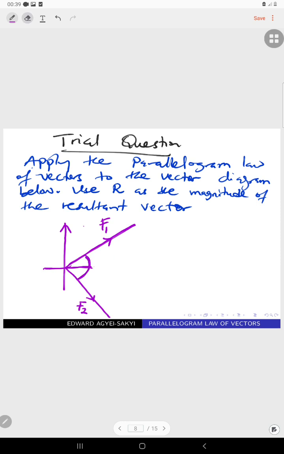Let me call this angle here, let me use theta. Okay, so apply the parallelogram law. Just complete the diagram for me. Okay, I'll be looking for your comments.